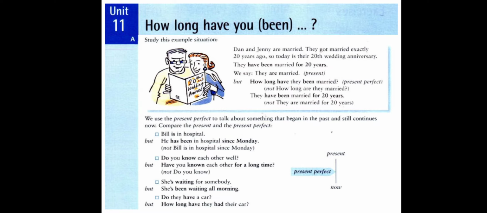But how long have they been married? If we say how long have they been married, here we ask about the period covered by the action 20 years back until now. So we use present perfect. We use here present perfect.